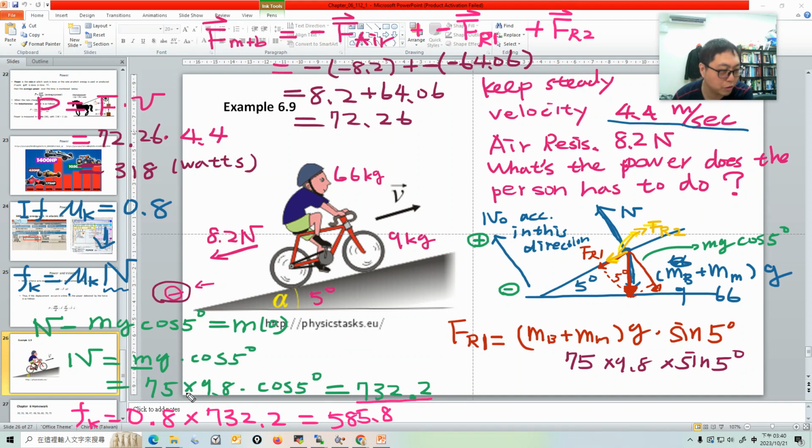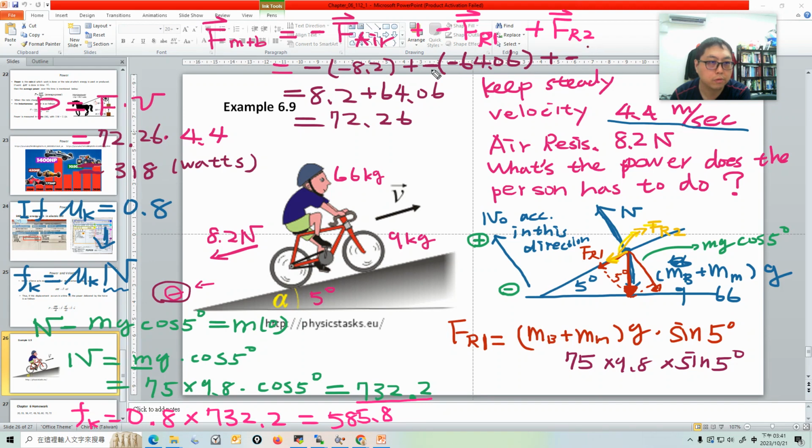Okay, the friction force is the normal force times the friction coefficient. So this equation will become like this. We add one more term, and the friction force's direction is also this way, and we want to overcome it, so it's a negative. We put a negative in front of this force.